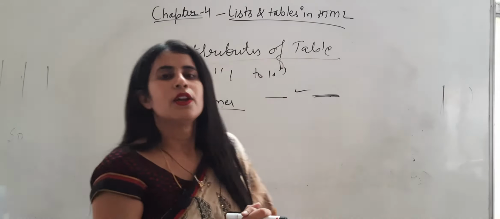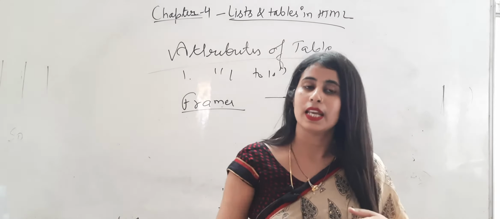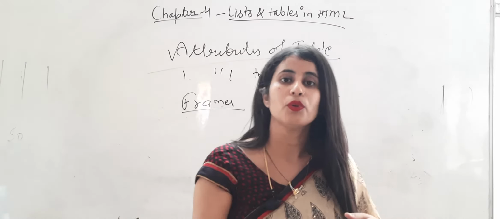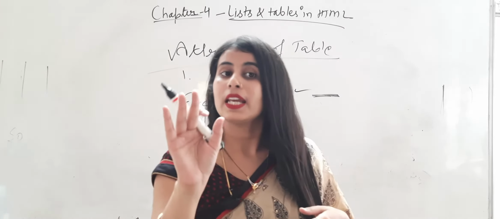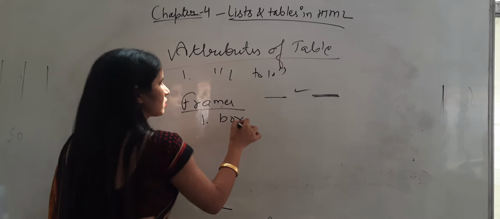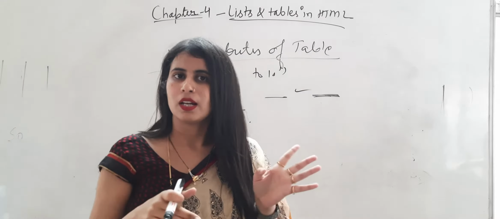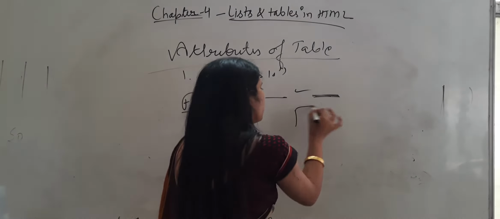Frames means normally when we keep the border it applies to all the sides, but here we apply the border to specific sides. There are 8 frames. The first one is box. Box means we apply the border to the whole boundary.